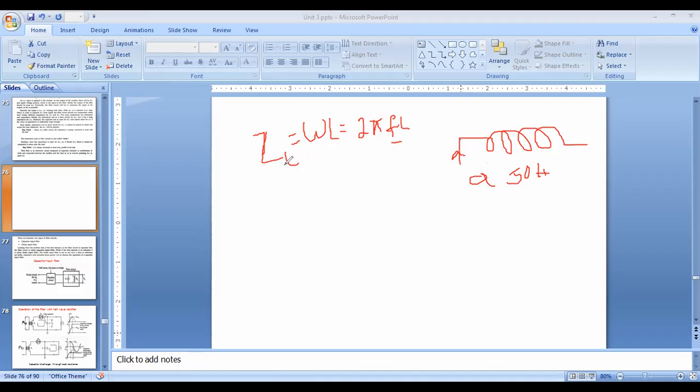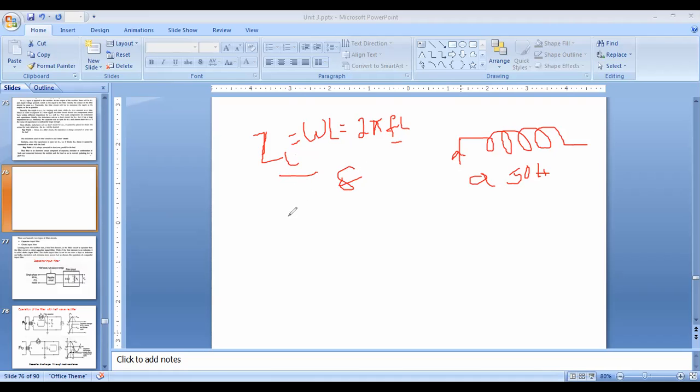Impedance is the opposition to the flow of current, and this flow changes depending upon the applied frequency. If f is equal to 0, then impedance is 0. If the frequency is 50 or increased, then impedance increases.